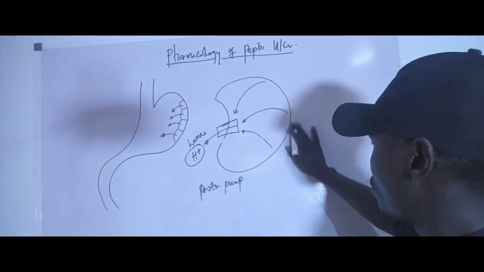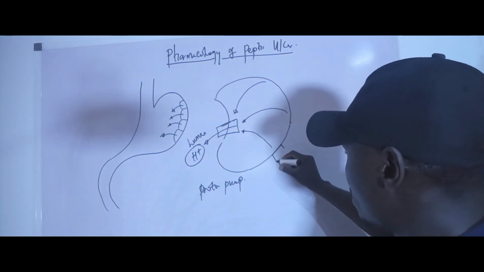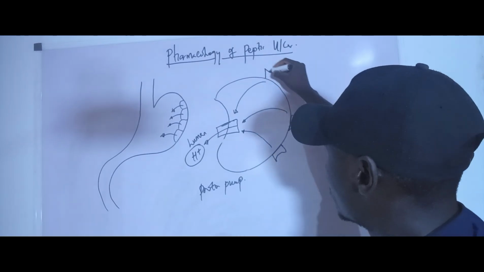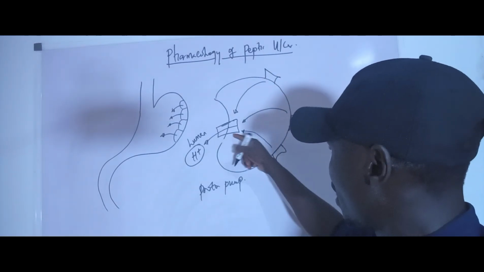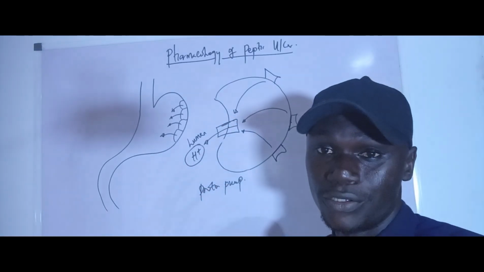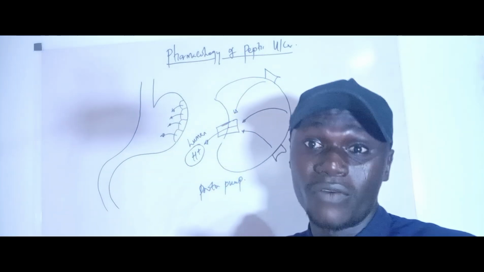There are certain receptors on the basolateral part of this parietal cell that when stimulated, will send the signal down to this proton pump to cause secretion of proton or hydrogen, which simply means secretion of acid.